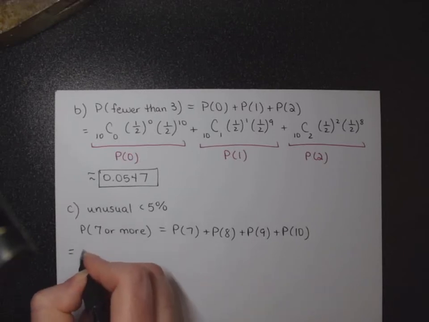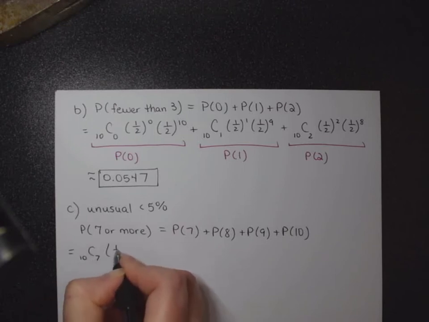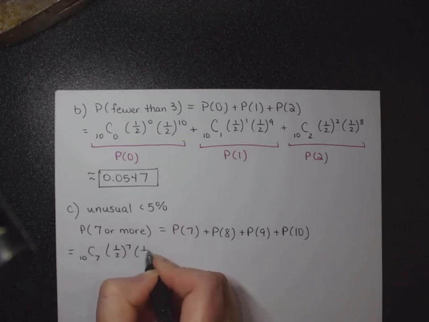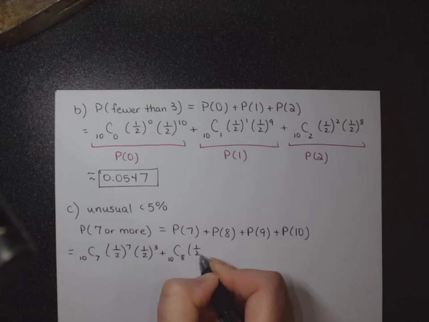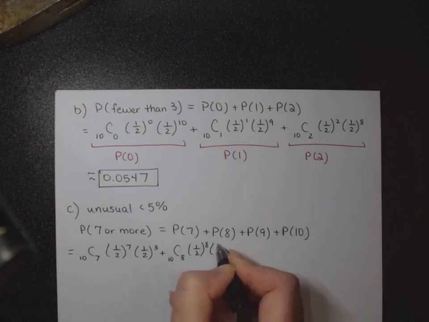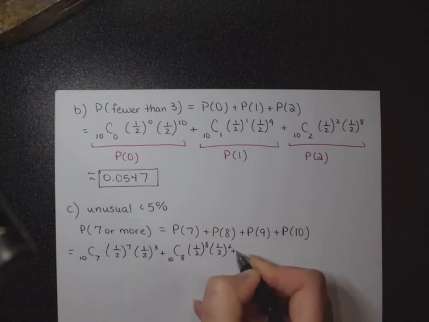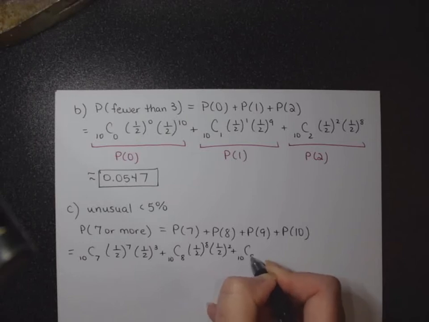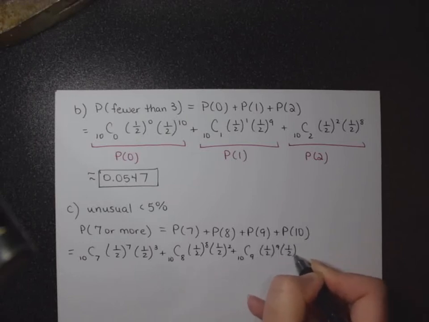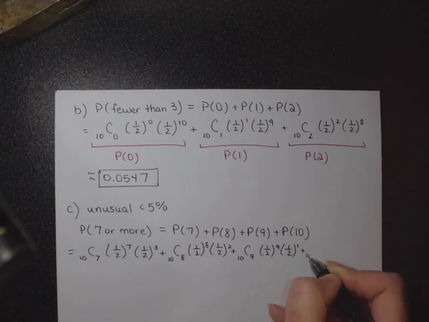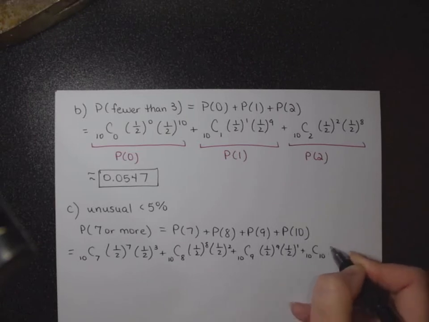So the probability of 7 would be out of 10, choose 7. 7 correct, 3 incorrect, right? Out of 10, choose 8. 8 correct, 2 incorrect. Out of 10, choose 9. 9 correct, 1 incorrect. And then lastly, out of 10, choose 10.